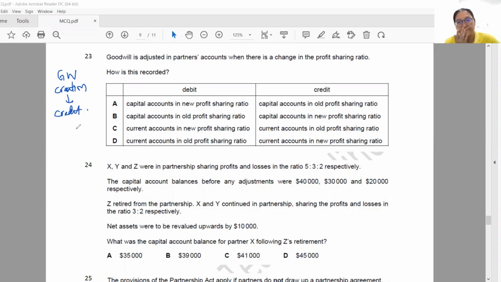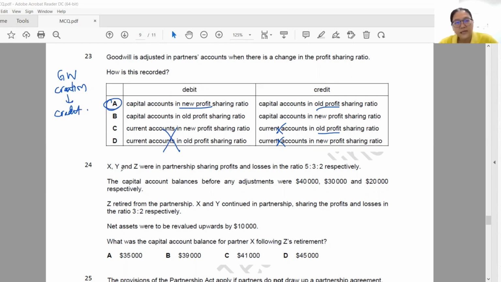Using the old profit ratio, this is a current account, so these two cannot be the answer. C and D cannot be the answer. Only capital. But credit is using the old ratio, debit using the new profit ratio. So the answer should be A.